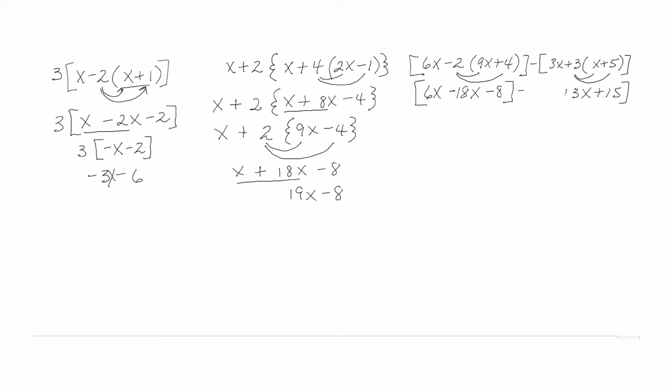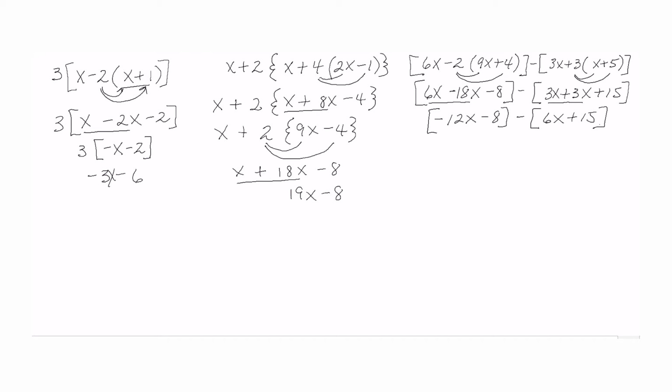And bring down the other 3x. Okay, so now we can combine these two and we can combine these two terms. So that's going to give us negative 12x minus 8. Then over here, 3x plus 3x is 6x.